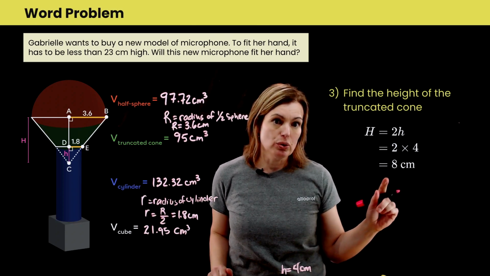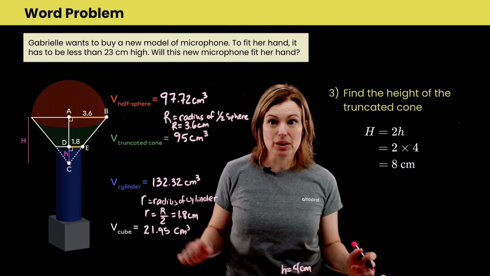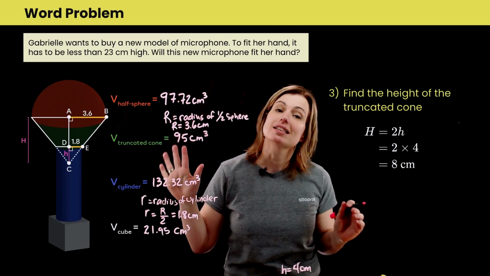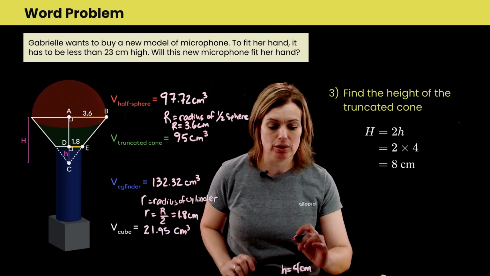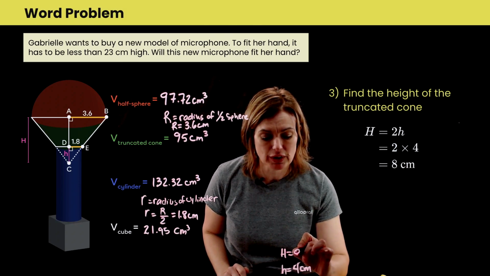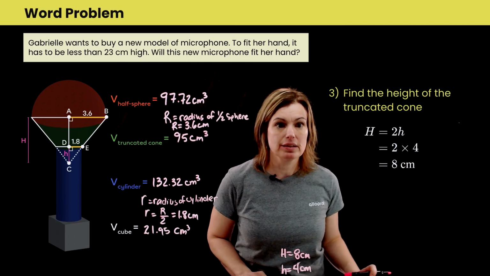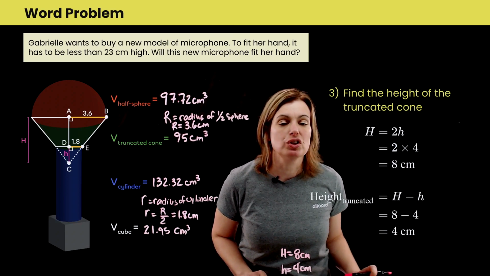That leaves us with 2 times 4, which is equal to 8 centimeters. So 8 centimeters is the height of the entire thing. It's still not the truncated part. So we're going to put it here to make sure we don't forget it, because now I'm going to use it to find my truncated height, which is my last step.